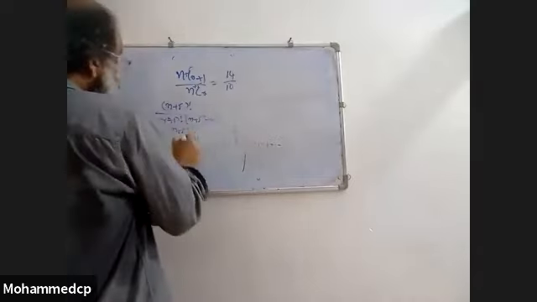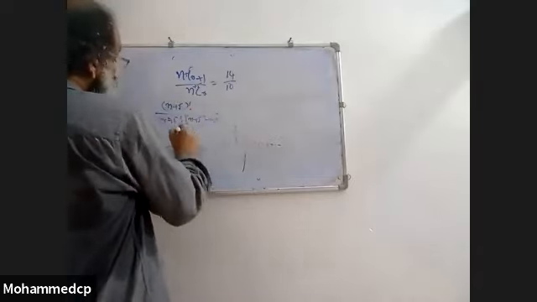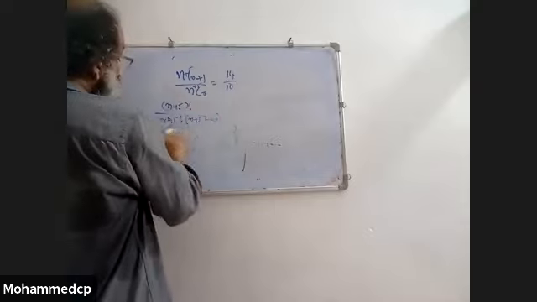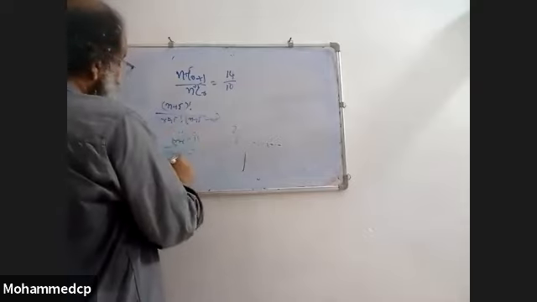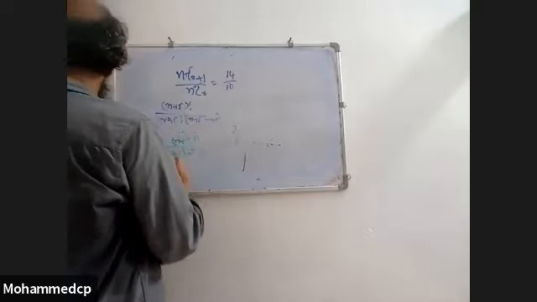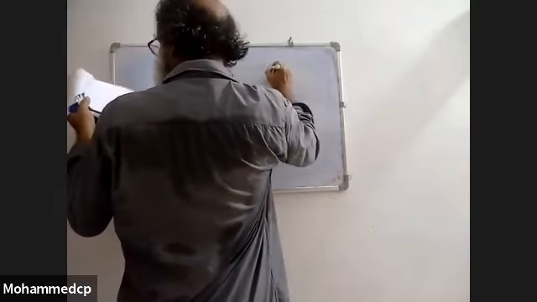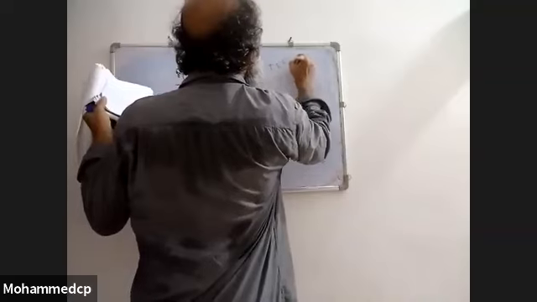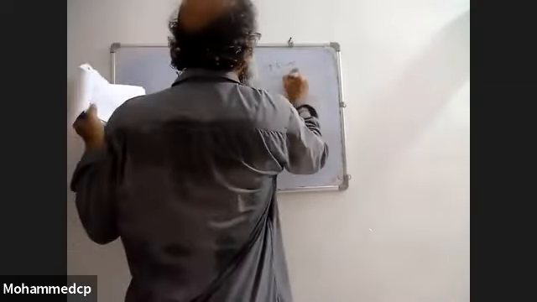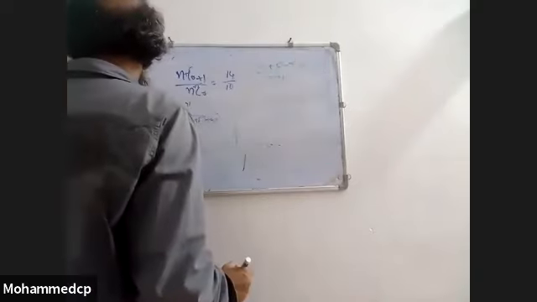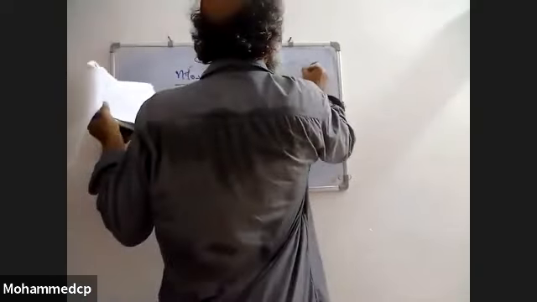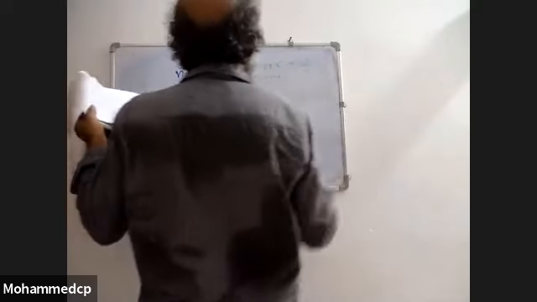And n plus 5, when we cross multiply, these two cancel. Then n plus 5 factorial cancels. Then going upward, we get n plus 5 minus r by r plus 1 equal to 7 by 5.